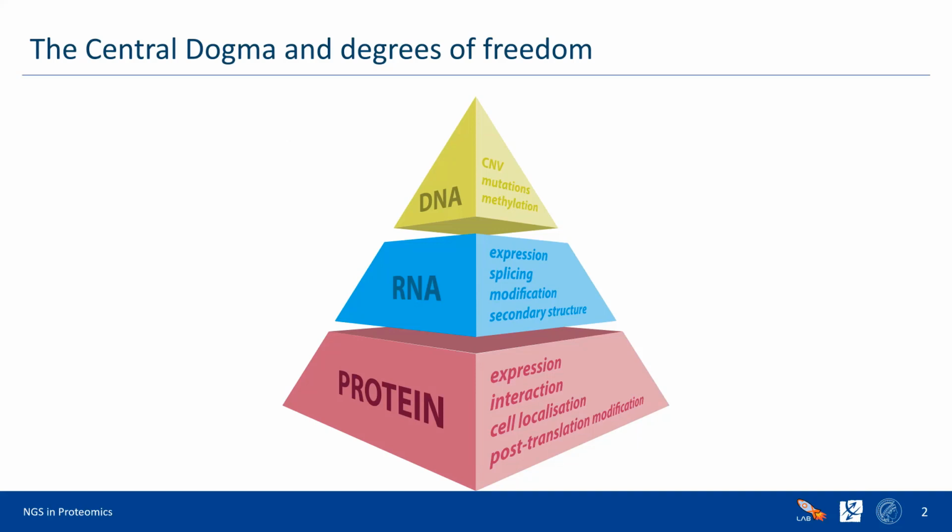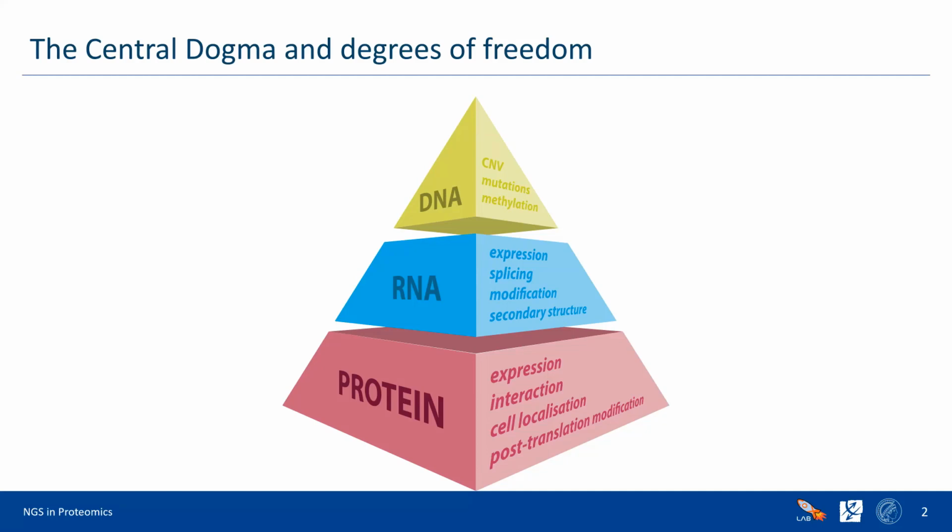And of course, proteins are kind of an integrative function over all the previous levels. On top of that, there's variability and degrees of freedom in expression, interaction, cell localization, and post-translational modification. That's basically why we study proteomics methods, because this is the only way for now to study all those things on a truly omics level.